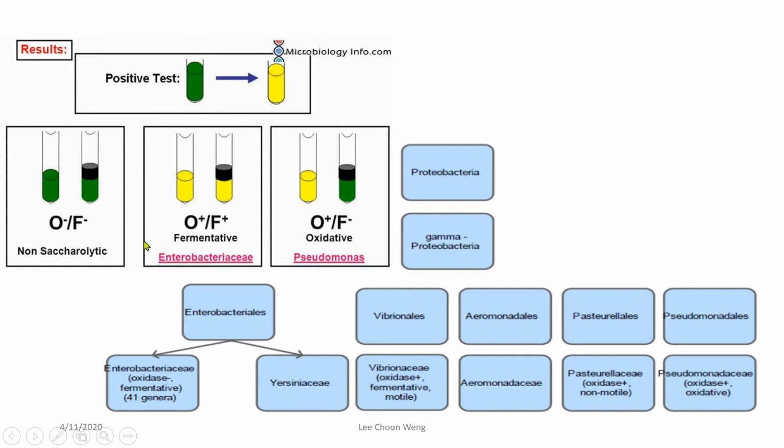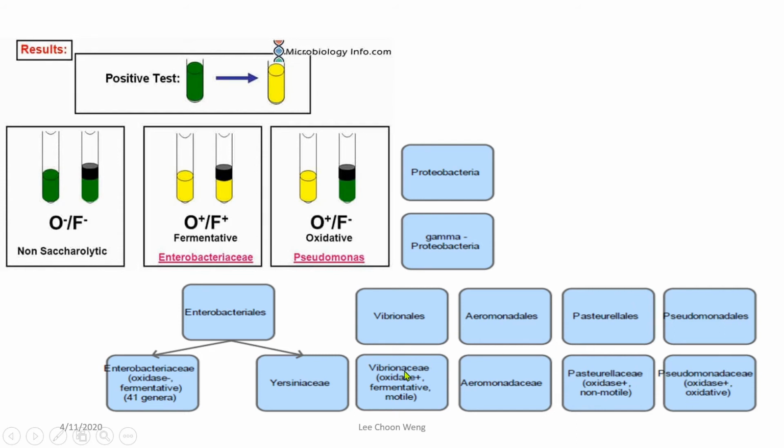So by just utilizing the oxidative-fermentative test and your oxidase test, you will be able to separate up to three different families. Enterobacteriaceae is oxidase negative, whereas Vibrionaceae is oxidase positive. Pasteurellaceae is oxidase positive. Pseudomonadaceae is oxidase positive.